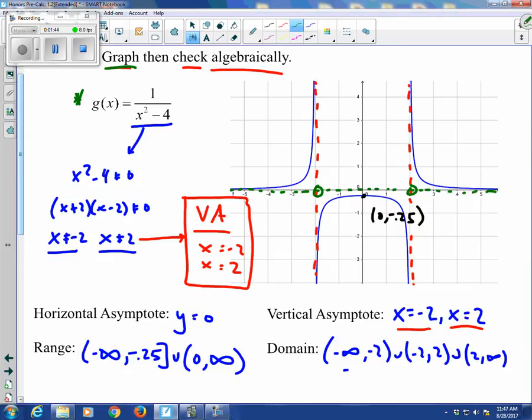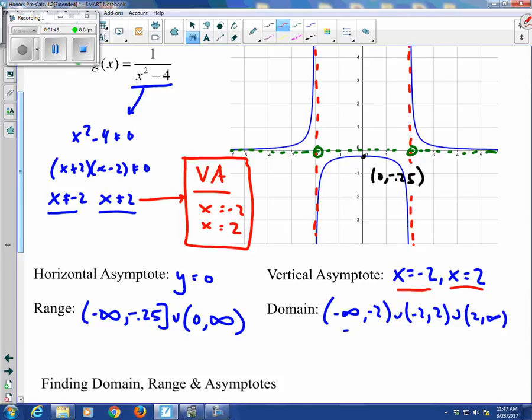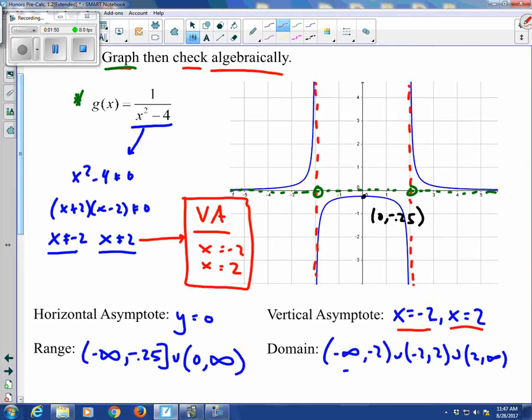The range is a little bit trickier, and in general what we want to think here is we are going to want to graphically define where our function is running alongside the y-axis, because that's where we have y values in our ordered pairs. So right here I can say that I have y values in my ordered pairs from negative infinity on the y-axis all the way up to that local max of negative 0.25.